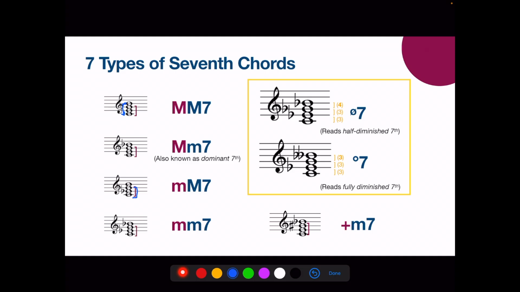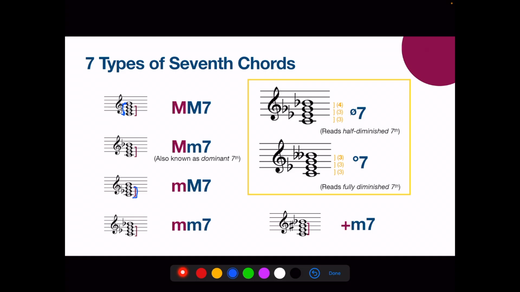So the triad is a C minor, and the distance between the C and the top note B flat is a minor 7. So this is a C minor minor 7. And this chord is also very, very common in a lot of pop or jazz or R&B music. So major major 7, major minor 7 or dominant 7, minor major 7, minor minor 7.